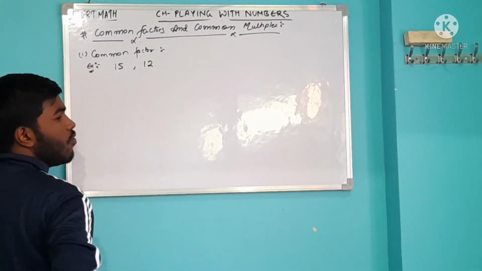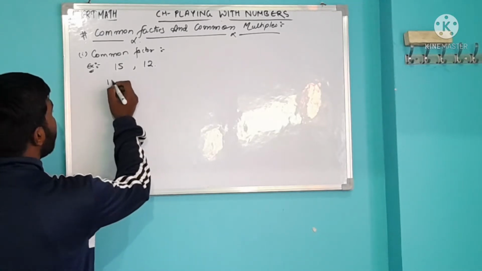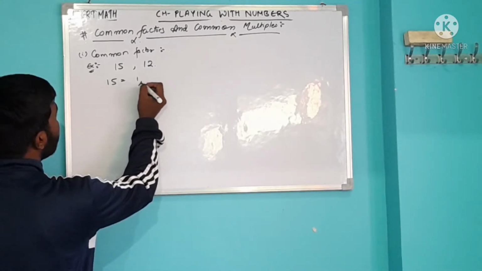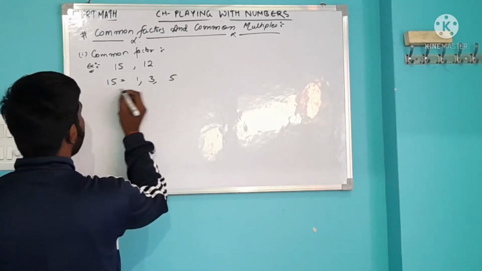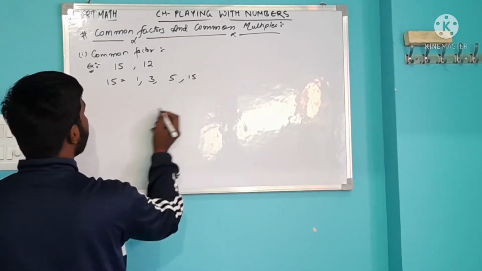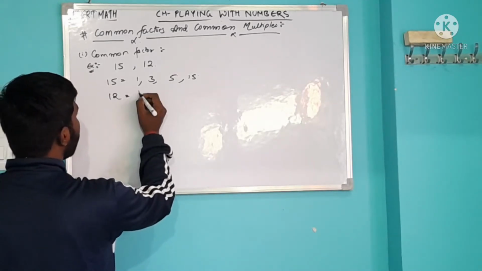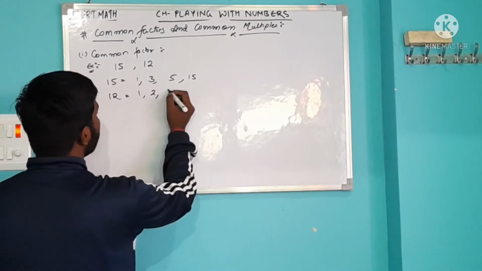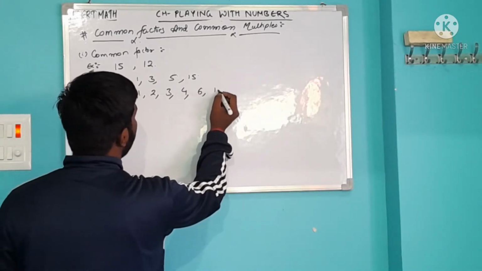Firstly, we individually find the factors of these numbers. For 15, we have factors 1, 3, 5, and 15 itself. For 12, we have 1, 2, 3, 4, 6, and 12 itself.